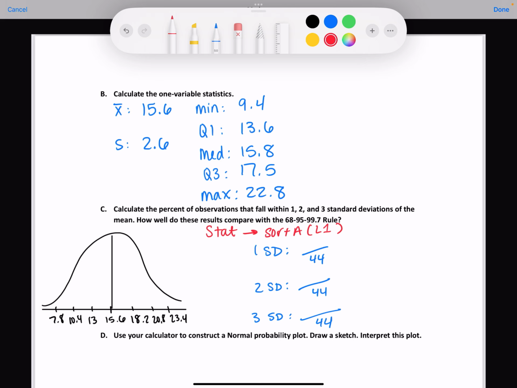Okay. So then we're looking for numbers between 13 and 18.2. So when I get to that, I'm going to start counting them. I'm not going to count out loud, so y'all can count them and make sure we have the same amount.